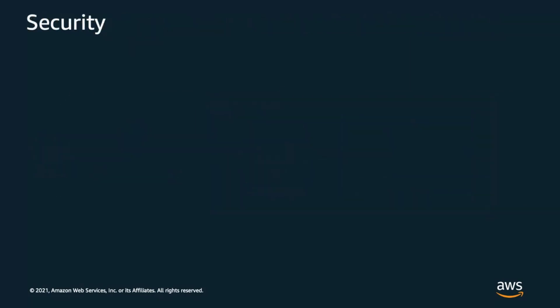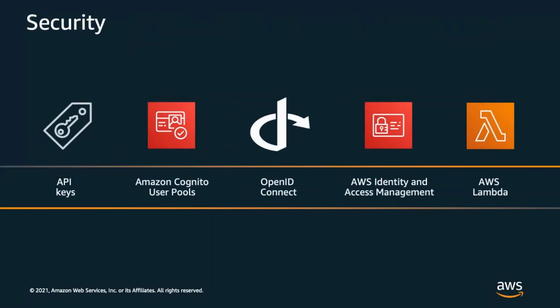So with AWS AppSync, you can create GraphQL APIs that can leverage one or more authorization methods, and these are what is available for you. You may use API keys. You may want to use Amazon Cognito User Pool, an OpenID Connect compliant provider, Identity and Access Management, or even AWS Lambda.